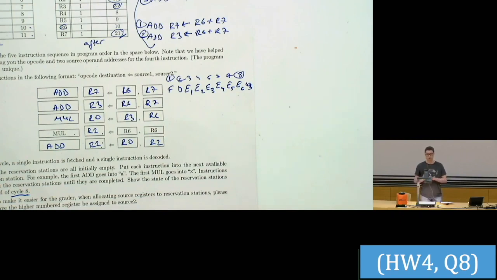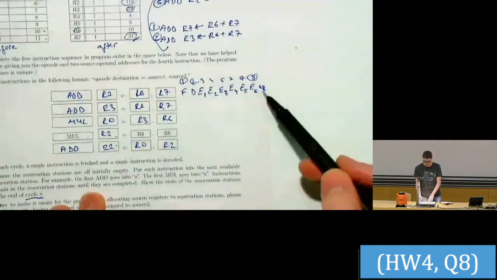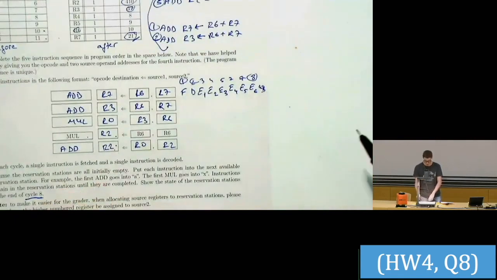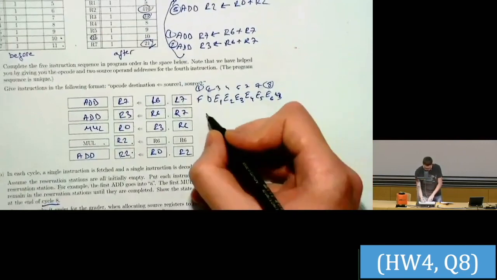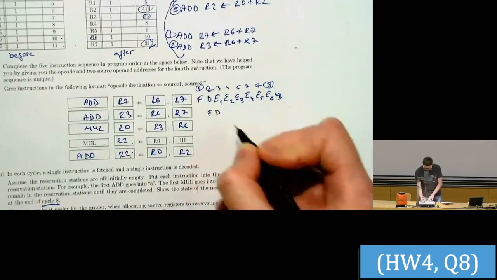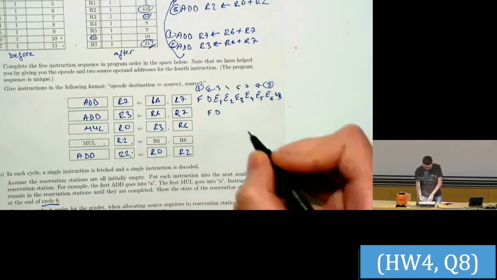Okay, so at the end of cycle 8, we have no updates in the register table, right? In terms of final values here, because we didn't perform any write back yet for any of the instructions. But what happens is, we have enough time until cycle 8 to fetch and decode all the instructions here.